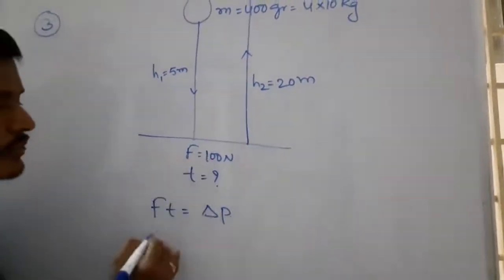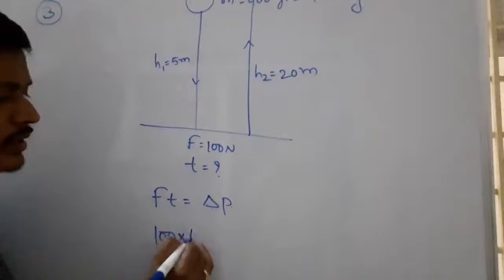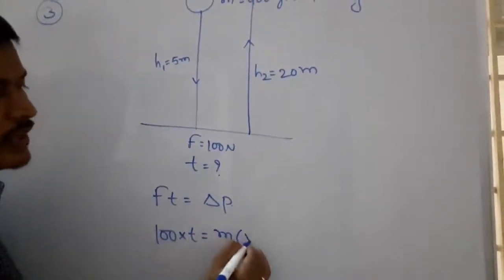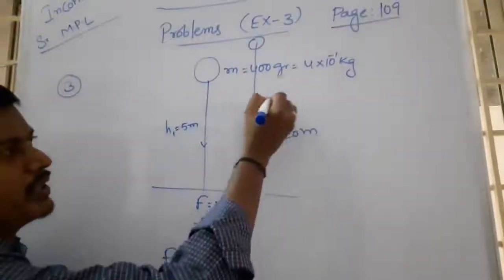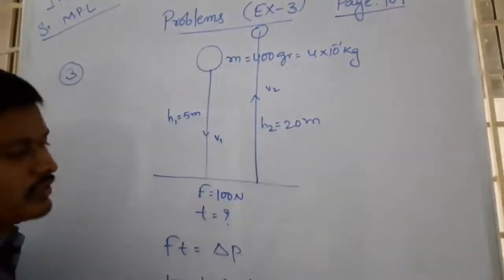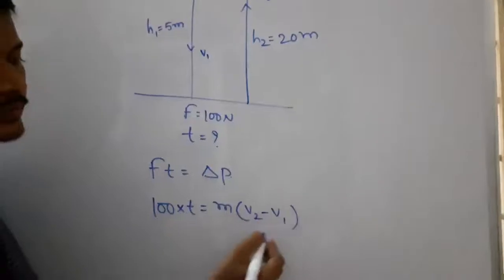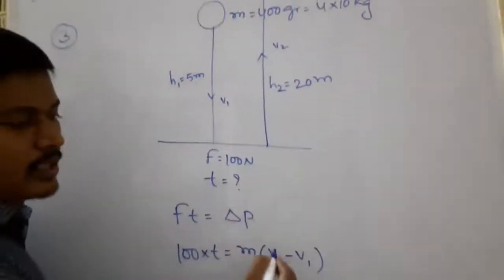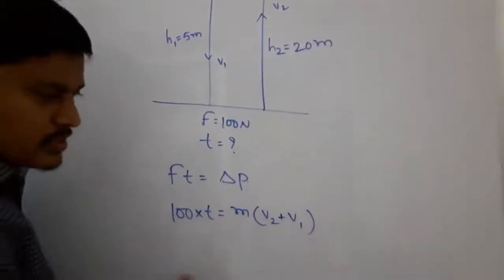Therefore force is 100, time of impact we can find, mass into final velocity minus the initial striking velocity v1. The direction is opposite, so you can do plus.